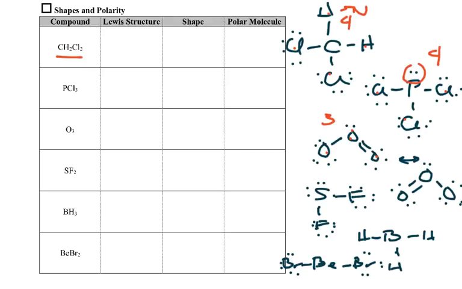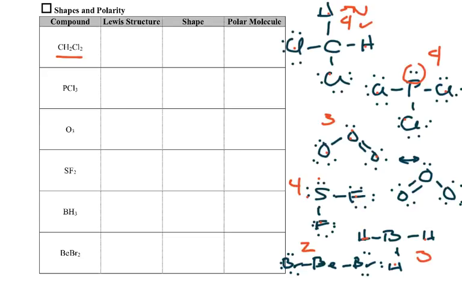For SF2, I have 2 bonded atoms, 2 lone pairs, so my steric number is 4. For BH3, I have 3 bonded atoms, no lone pairs, so the steric number is 3. And for BeBr2, my steric number is 2, 2 bonded atoms, no lone pairs on the beryllium. So those will help me with the shapes.